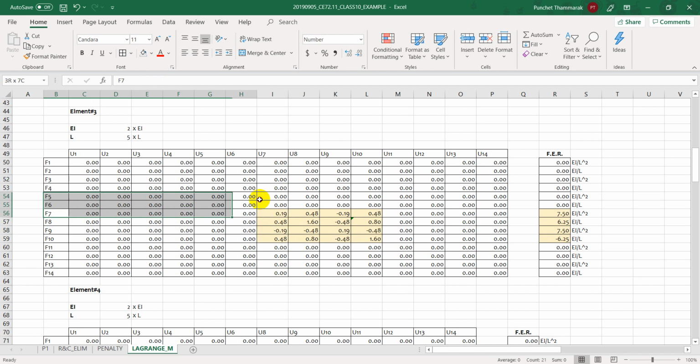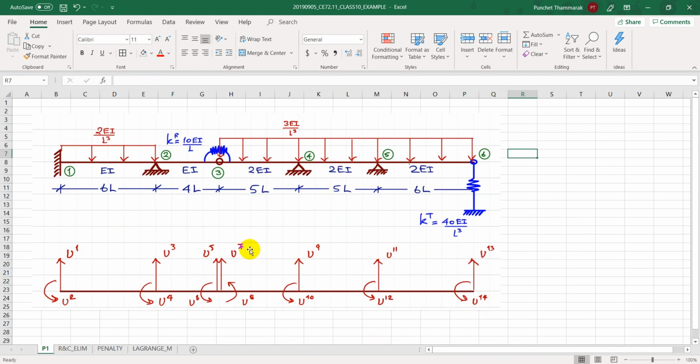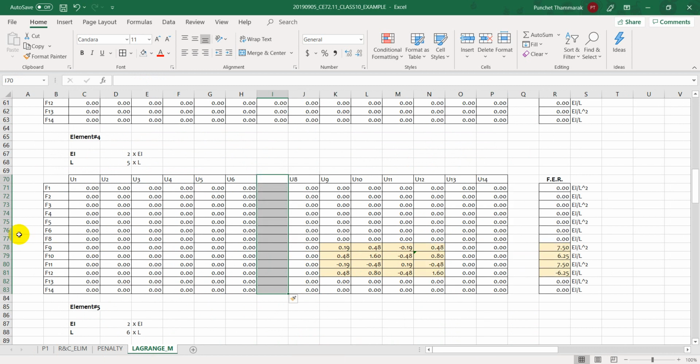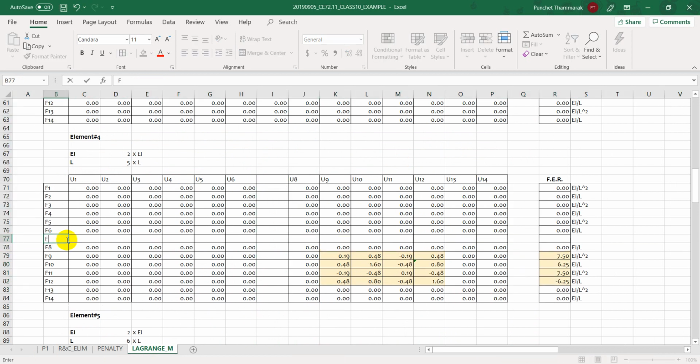So F7 is back. The next element has nothing to do with the 7, so we just add the columns and rows like before. So only special treatment is needed for that element number 3 only.